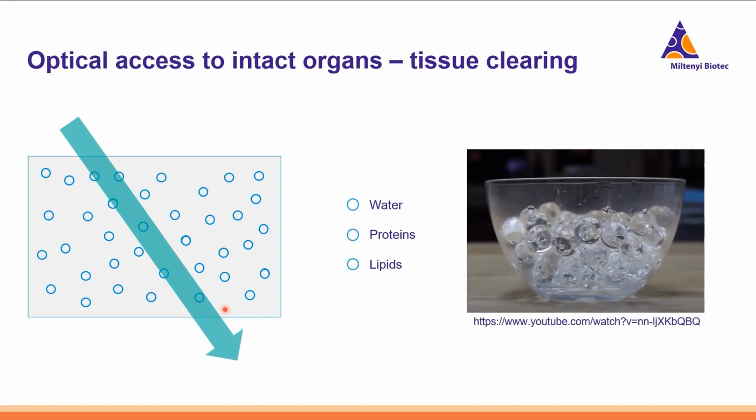This is a very simple experiment explaining the same phenomenon. This is a glass ball, and there are glass beads inside. There is air in the middle. The light is being refracted and then reaches our eyes. That's why we can see them. Now the experimenter comes and pours water inside.